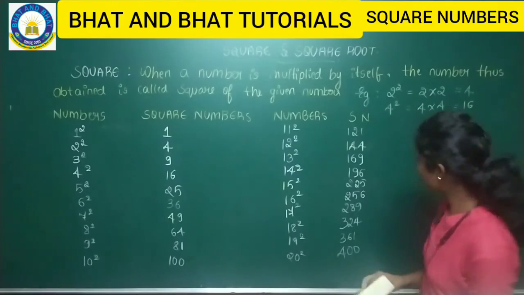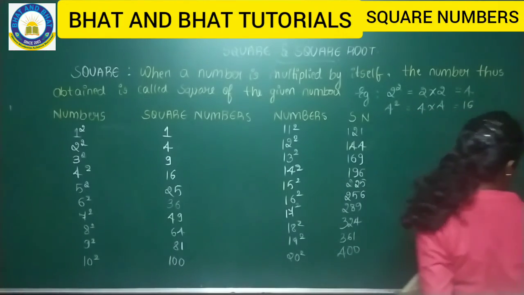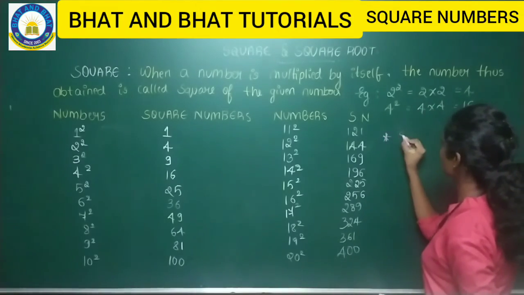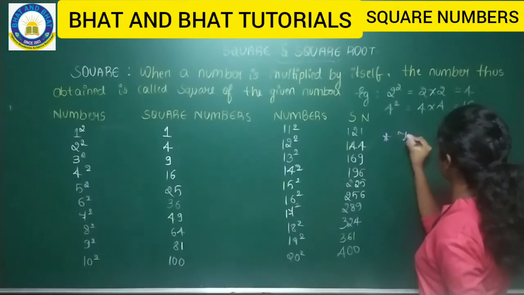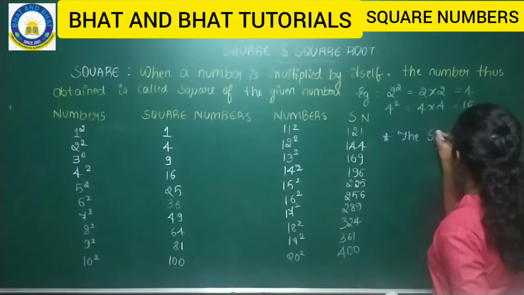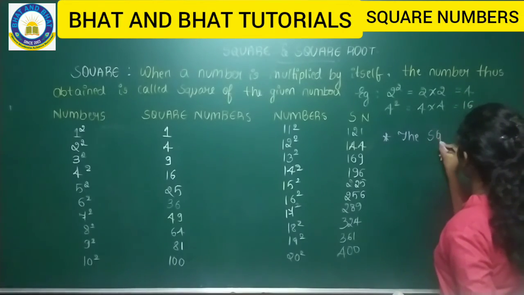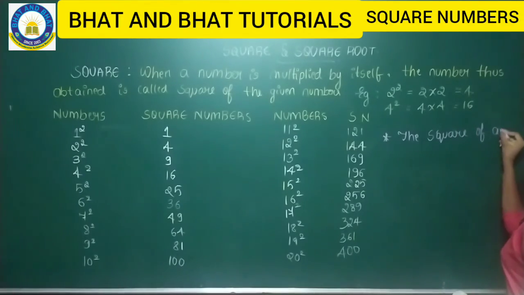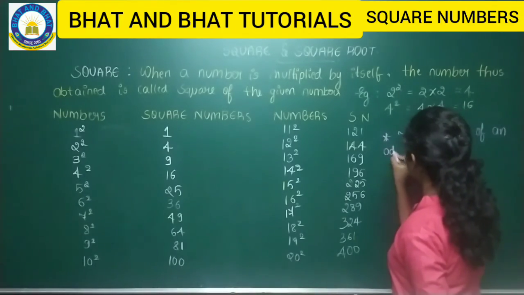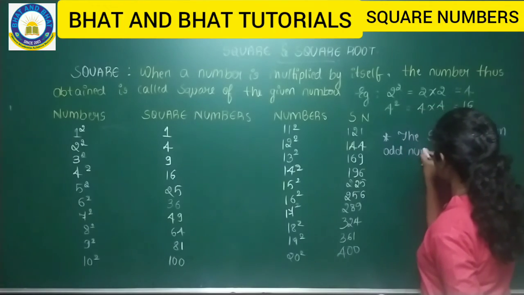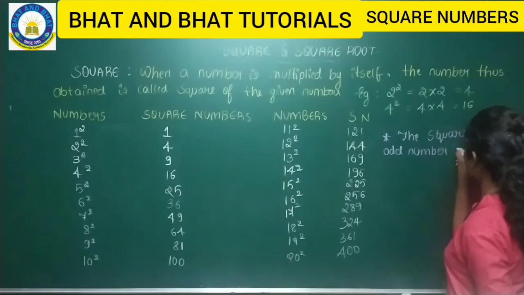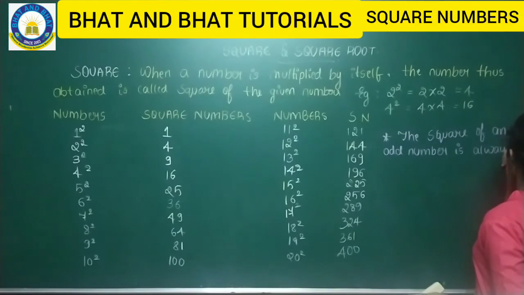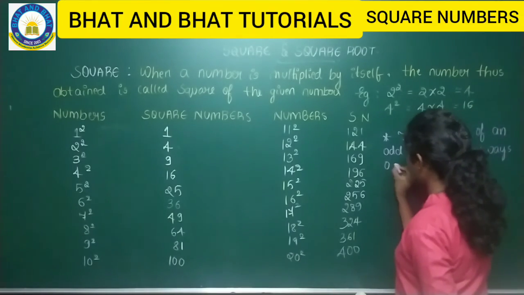So you can copy down this point. The square of an odd number is always odd.